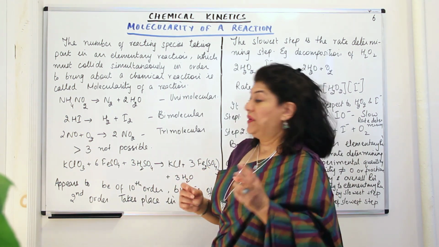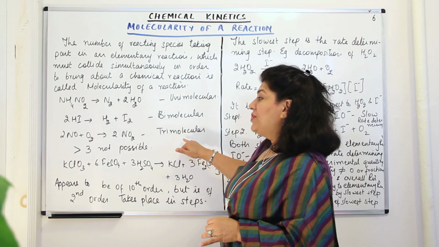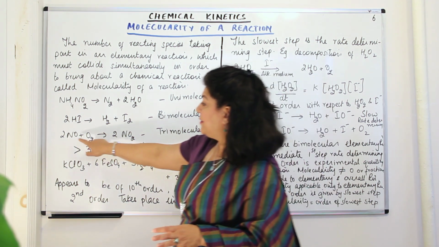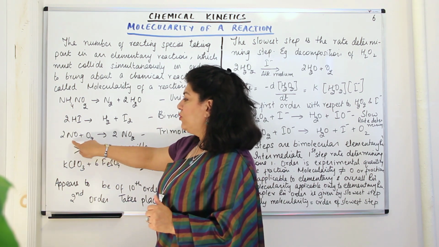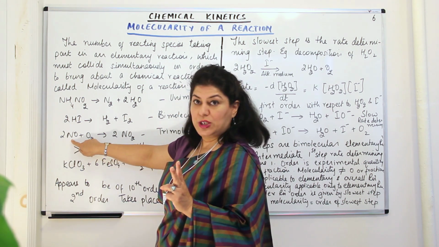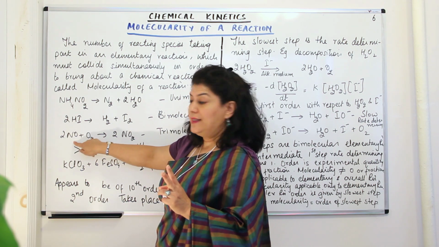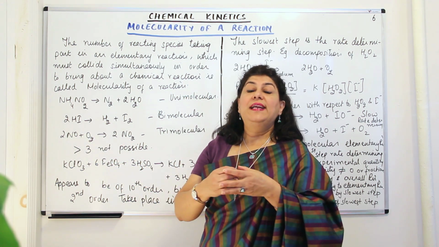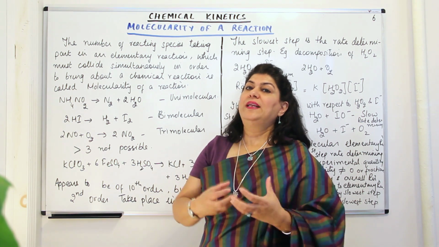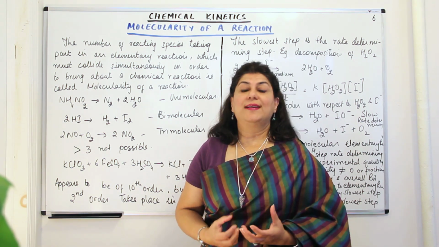A trimolecular reaction, an example here is 2NO plus O2 gives 2NO2. Here you have 2 molecules of NO, so 2 species you would say, although both of them are identical, and oxygen. So you need 3 molecules, 3 entities. If they are present, only then the reaction takes place, otherwise it doesn't.